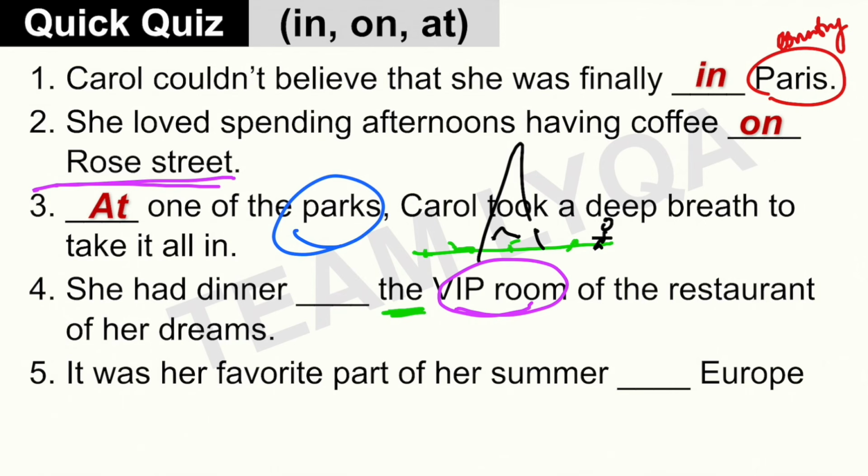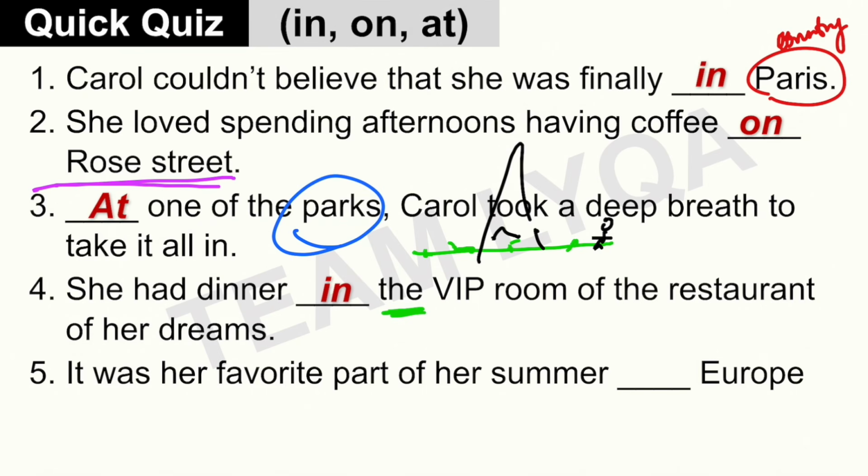Na kung siya ay nag-dinner lang sa restaurant na yon, pwede mo sabihing at kasi hindi mo naman alam kung saan siya banda doon. At hindi mo din alam siguro kung open air yung restaurant, di ba? Or alfresco kung pwede siya sa labas. So, in this case, dahil room specifically pinag-uusapan at ang room ay, again, may mga pader, may pinto, this has to be in. So, she had dinner in the VIP room of the restaurant of her dreams.